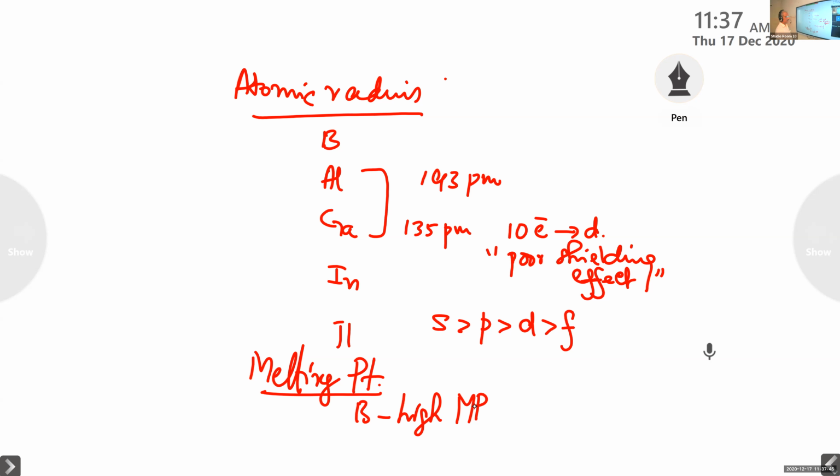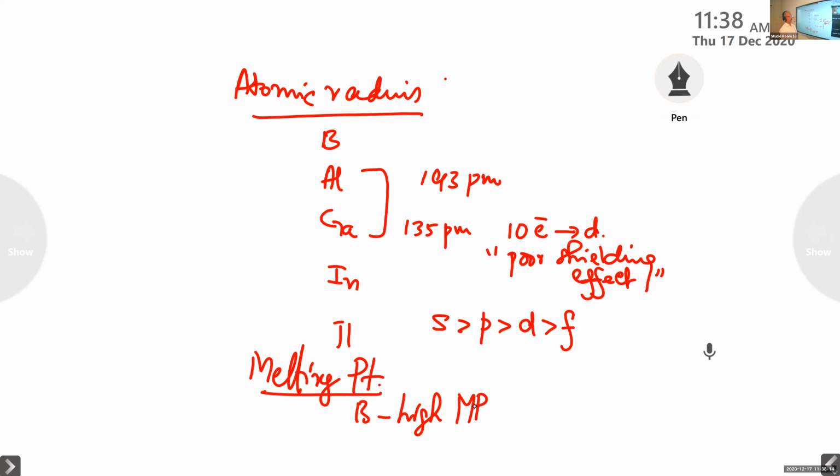That is because in boron there is very strong attraction between the boron atoms in the crystal lattice, and boron exists as a giant molecule, a large molecule, and so the melting point of boron is very high.